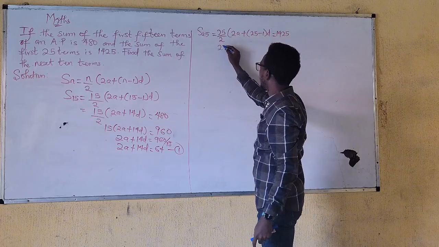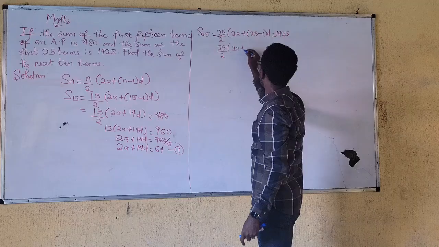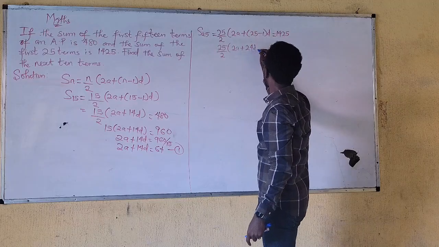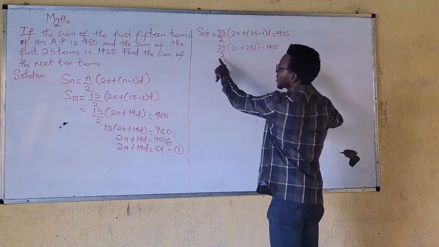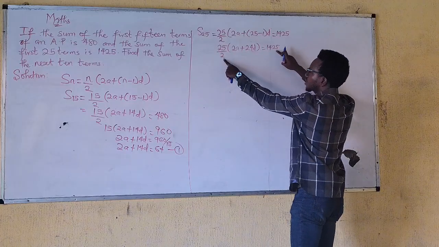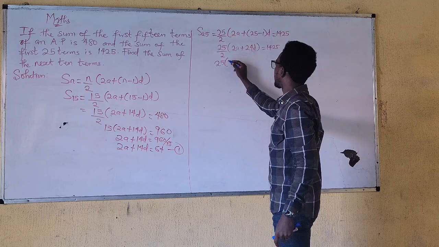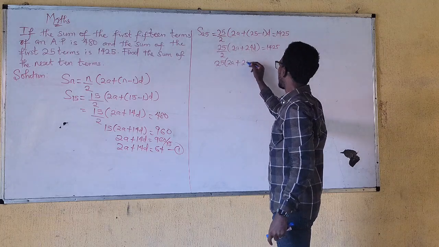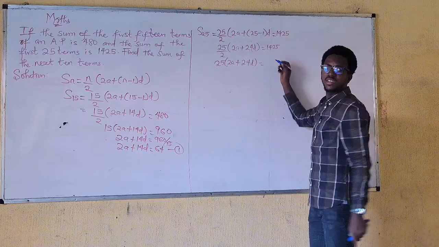So from here, we have 25 over 2, bracket 2a plus 24d equals 1425. Now, just like we did there, this 2 can multiply this 1425, so that we have 25 bracket 2a plus 24d equals 2850.